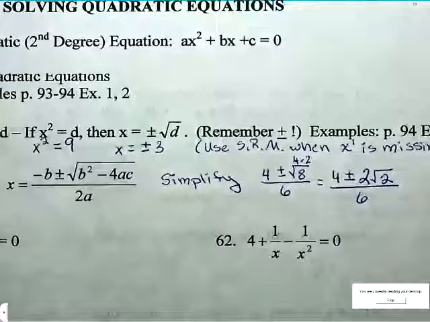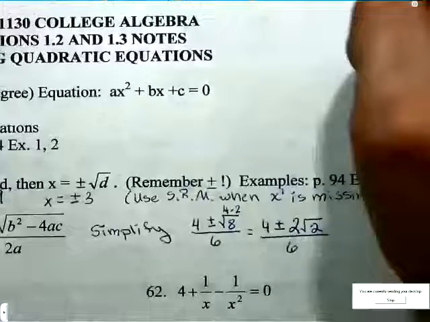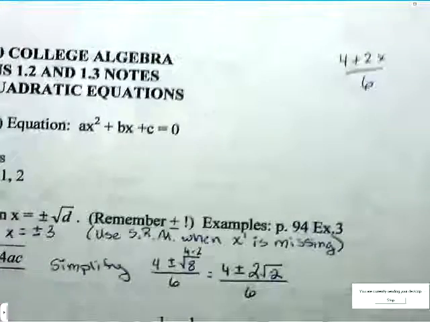Factors. So guess what you need to do in the numerator? If you can only cancel factors, then why don't you factor? You can factor. That's just like in R.7 if I had 4 plus 2x over 6 and told you to simplify that.